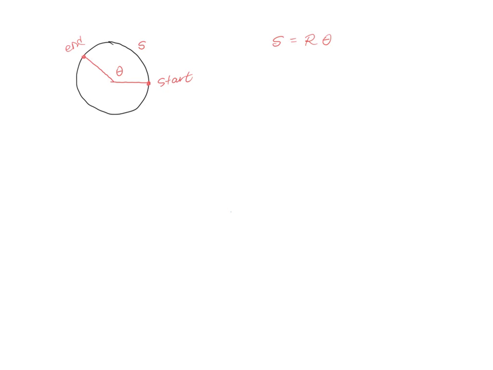It's important when we use this equation that theta must be in radians. So S is equal to the radius, which was 0.5 meters, times the angle, 2 pi over 3. That gives us a value for S of pi over 3, which is approximately 1.047 meters.